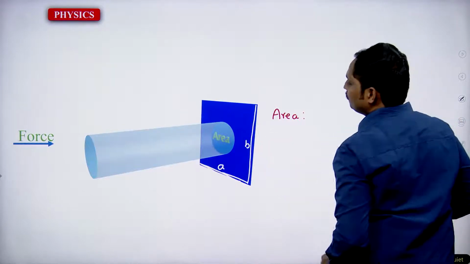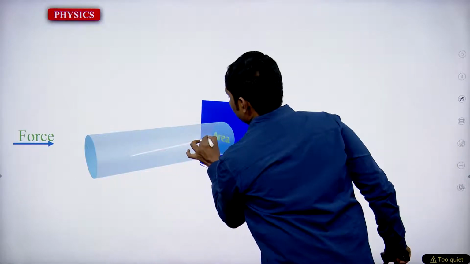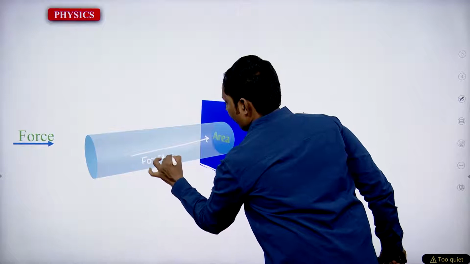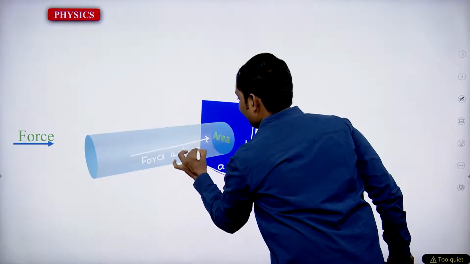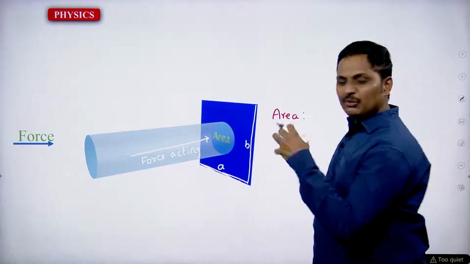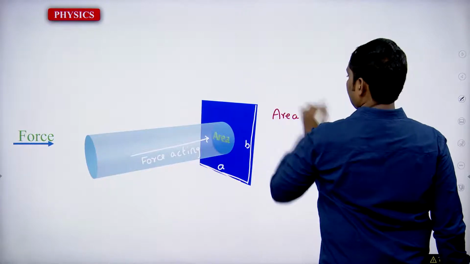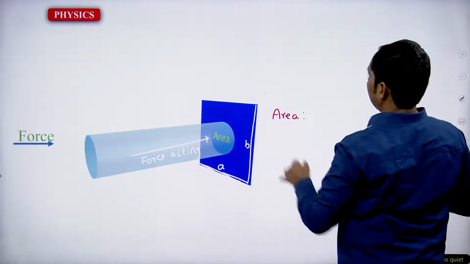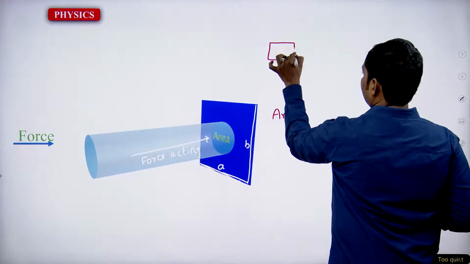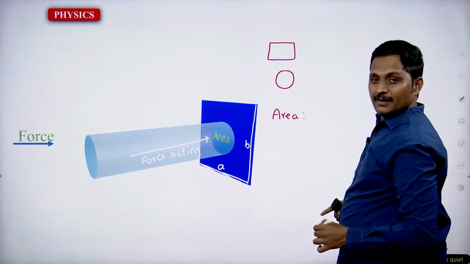And if you take the force which is acting on this area, you have to get the force acting on the area, whether that area is a square or a circle.